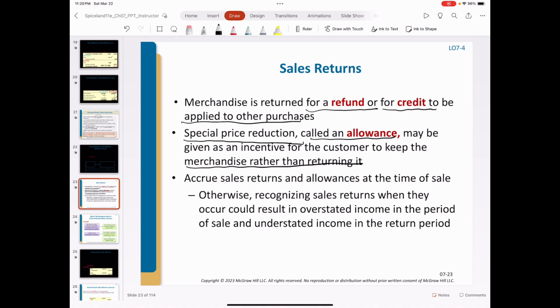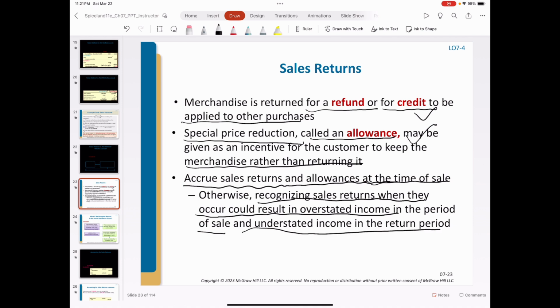The method we use to account for the sales return and allowance is to accrue sales return and allowance at the time of sales. Otherwise, recognizing sales return when they occur could result in overstated income in the period of sales and understated income in the return period.